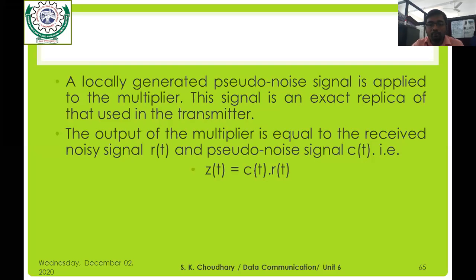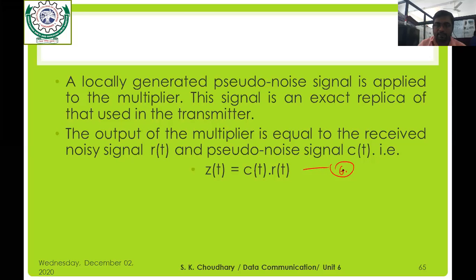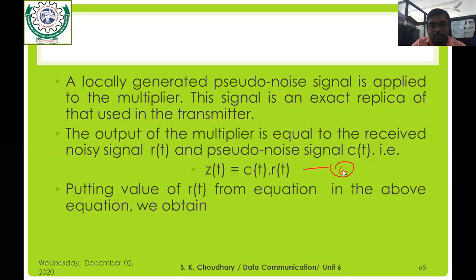So the output of the product modulator is equal to the received noisy signal r(t) into c(t). That is nothing but your z(t). So z(t) would be your equation number 6. Then substitute the value of r(t) that we described in equation number 5 in the above equation.